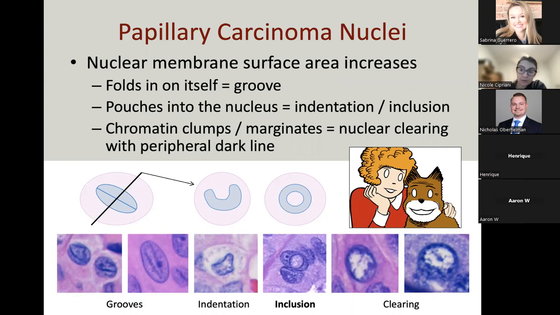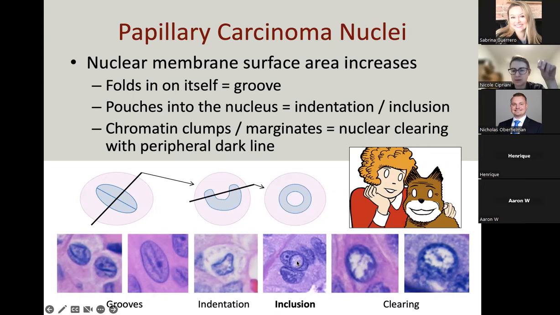If you cut a groove across, it might look like an indentation, right? And if you cut an indentation across in the right direction, lo and behold, it might look like an intranuclear cytoplasmic pseudo-inclusion, which is basically an intussusception of the cytoplasm into the nucleus, and you cut across it, and you see within the nucleus what looks like cytoplasm, all right?